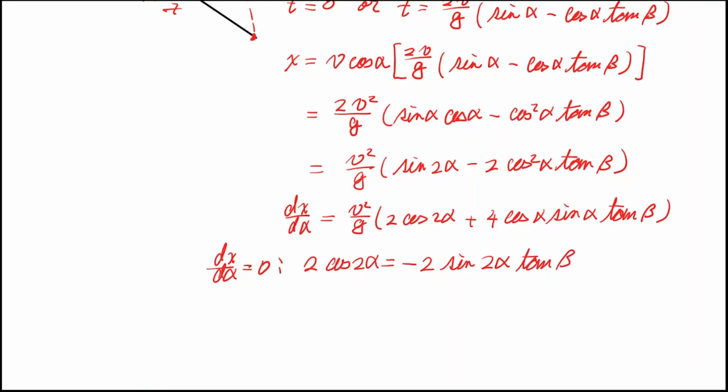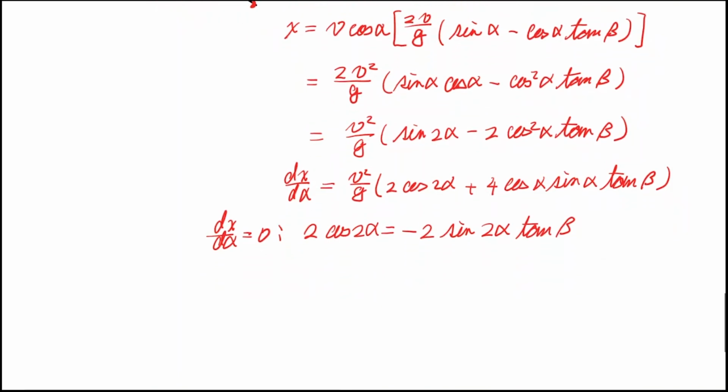Oh my God. Tell me you're still with me. We are solving for alpha. Divide, divide. So divide by 2 while we are at it. So this is tangent 2 alpha equal to the other side, negative cotangent beta. Still with me?